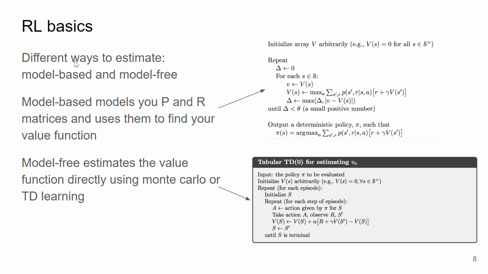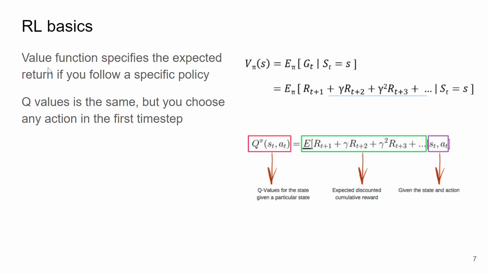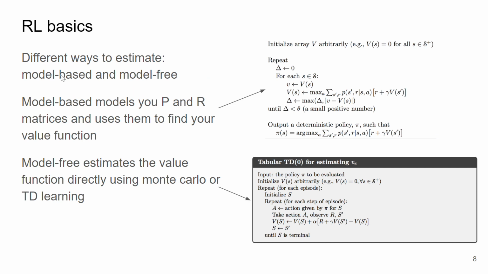There are different ways to estimate the value function that we want. One is model-based and one is model-free. In model-based, you try to directly estimate the P and R matrices of your environment that we saw earlier and use them to estimate your value function.